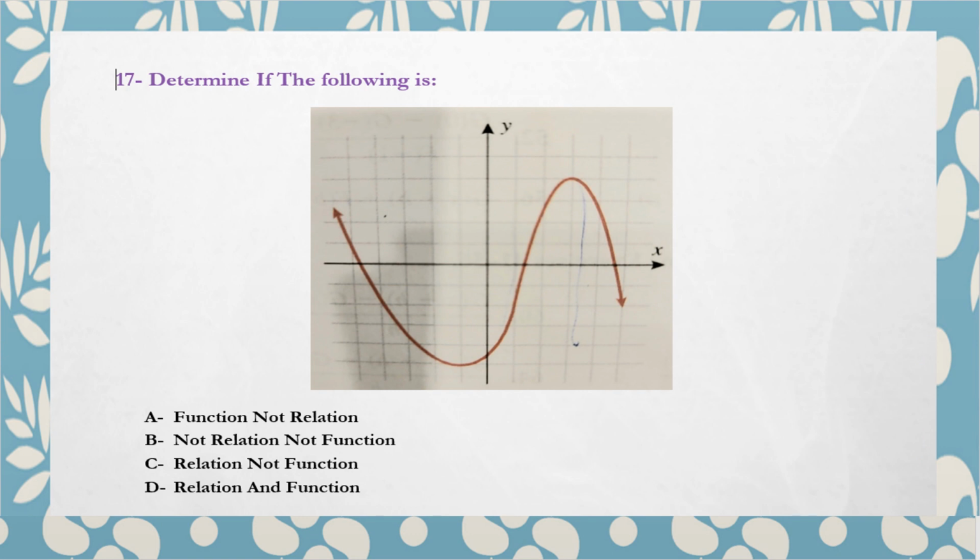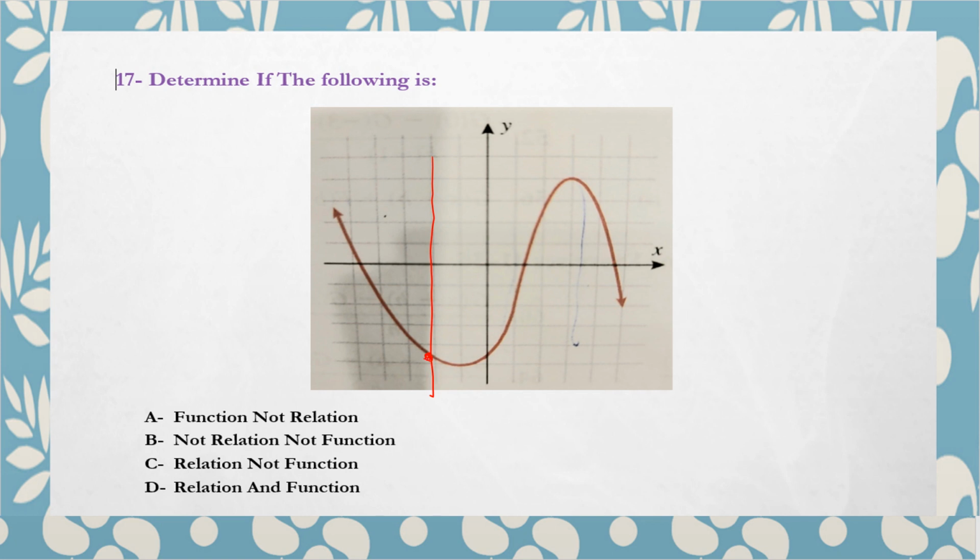Example 17, also determine if this graph is a function or not. Again, we will use the vertical line test like this, and we can see here that the vertical line intersects the graph in only one point, so this is a function.